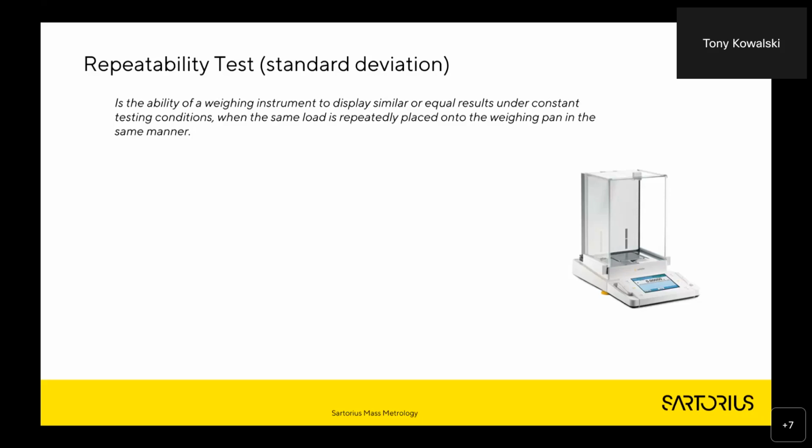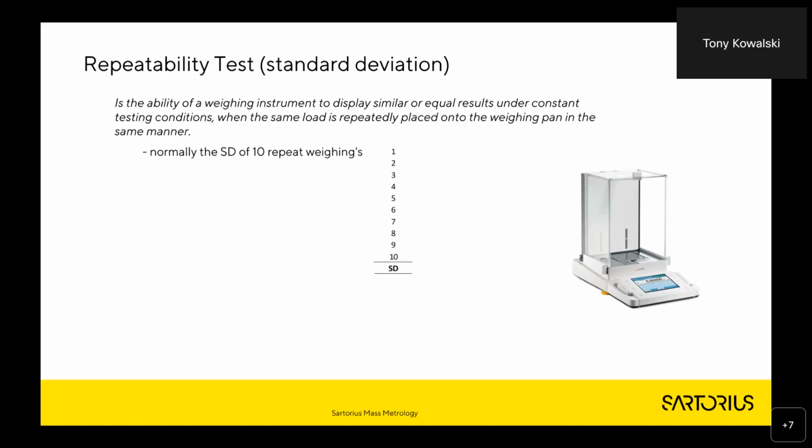So typically, if it's a 200-gram balance in the laboratory, we might use a 200-gram calibration weight, make 10 repeat weighings, and calculate the standard deviation. So it's a case of here, 10 weighings, write down the value, calculate the standard deviation, and that should be less than or equal to the specification given by the manufacturer. That's how we do the repeatability on a laboratory balance.